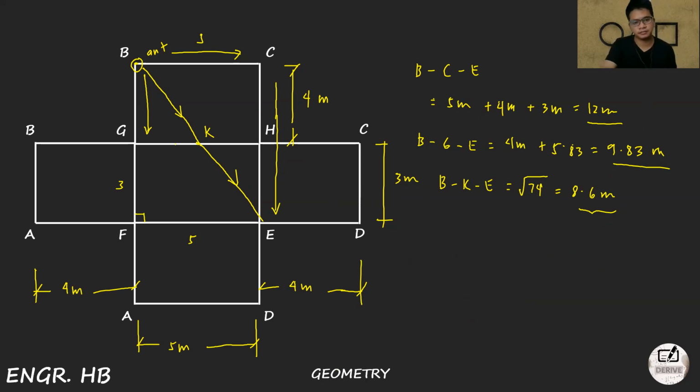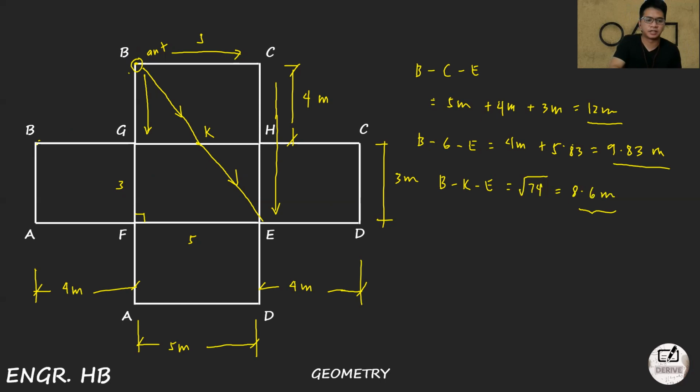Okay? So ang pwedeng isa pang option na pwedeng lakbayan ni Ann is from point B, pero ang point B na yun ay eto na. So this is the same point kasi nilatag mo lang yung box, no?